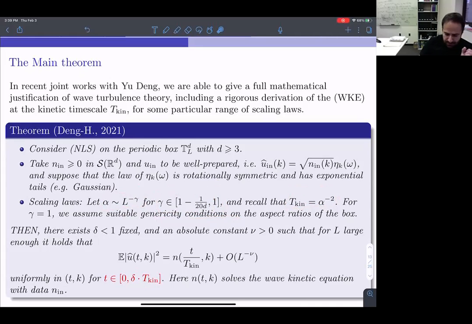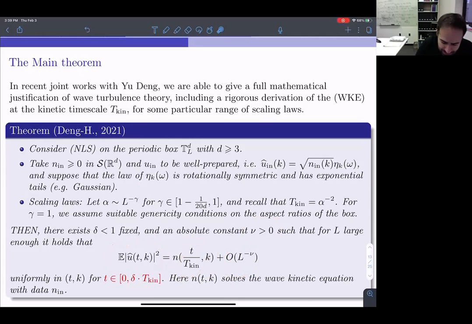Then the theorem says the following: there exists delta, which is fixed, and an absolute constant nu, such that the following holds, exactly what we want. The variance of the solution is approximated by the solution of the wave kinetic equation, rescaled at the appropriate time, plus an error that goes to 0 as L goes to infinity.